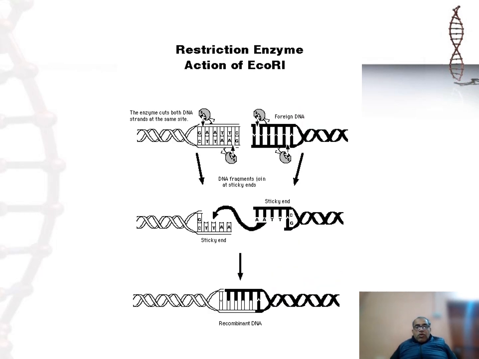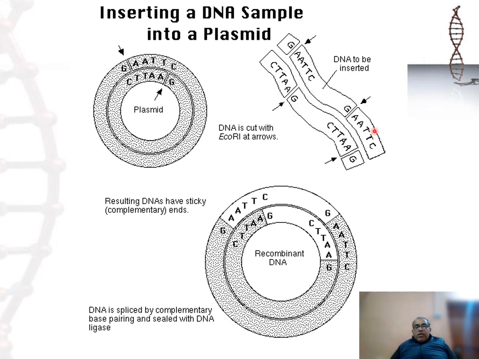This one is also the same: the restriction enzyme EcoRI has been shown, and when it cleaves, it produces sticky ends which have overhangs, and those overhangs could be used for cloning of foreign DNA. So here you can see that the particular insert could be inserted in plasmids using those overhangs.